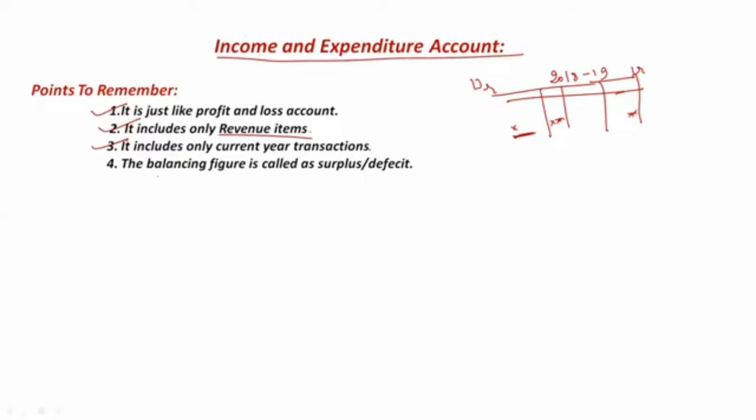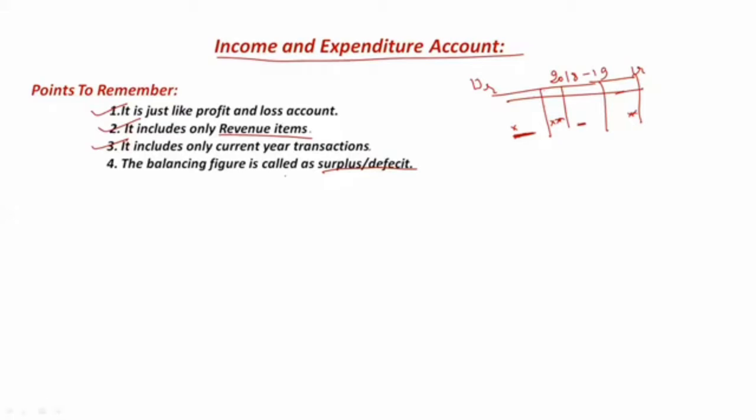And the last point is, the balancing figure is called surplus or deficit. Whatever balancing figure we get might be on the debit side or on the credit side. If we get the balancing figure on the debit side, we call it surplus, instead of calling it profit. Whatever balancing figure we get on the credit side, we call it deficit, instead of calling it loss.